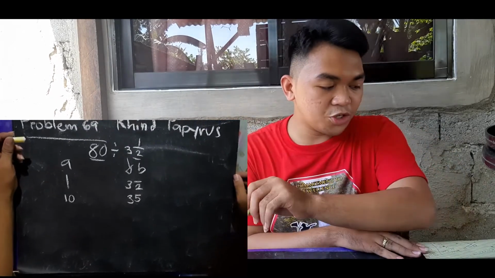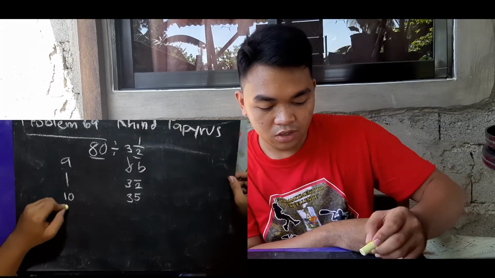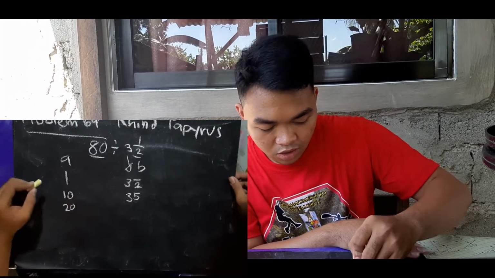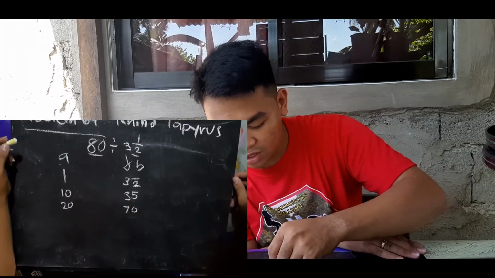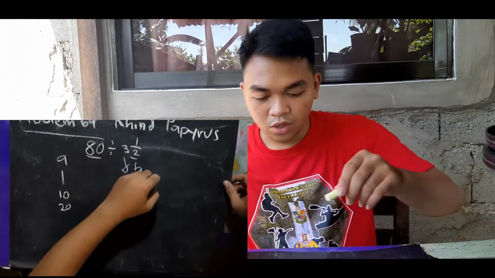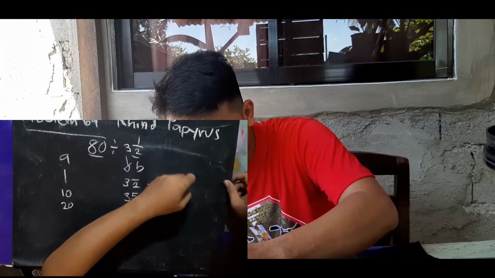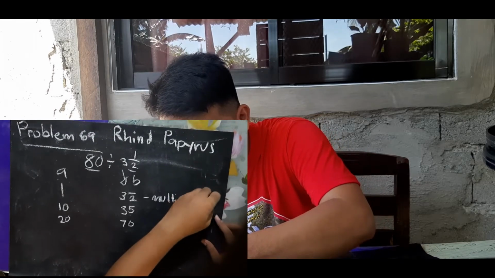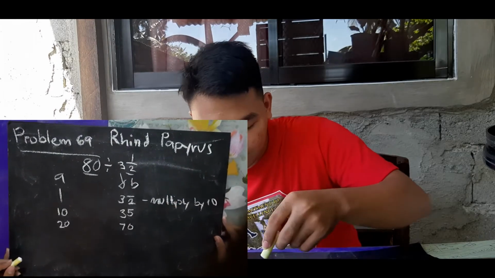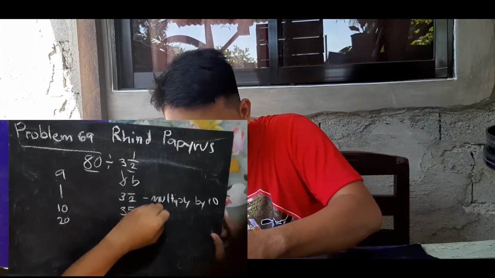Then the next is to add each to itself. 10 plus 10 is 20, then 35 plus 35 is 70. So this must be multiplied by 10, then this must be added to itself.